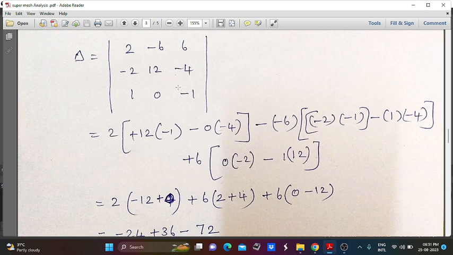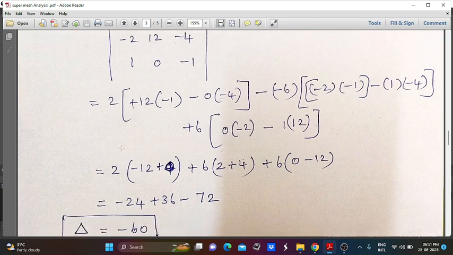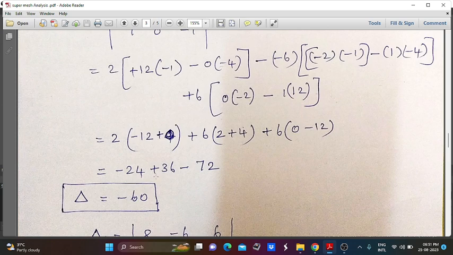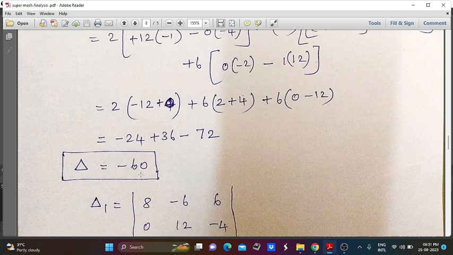And the third column, first row should be considered here: so 6 into (0 into minus 2, minus of 1 into plus 12). So after multiplying and subtracting all those things, finally we get minus 24 plus 36 minus 72. So del value is equal to minus 60.